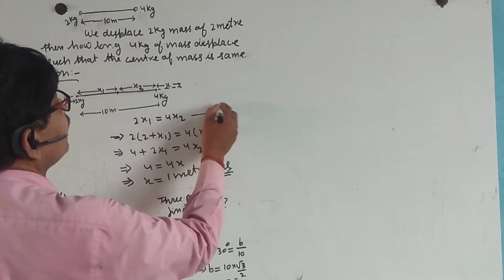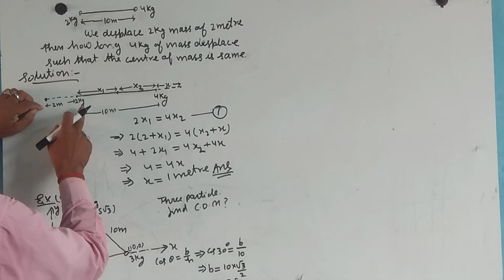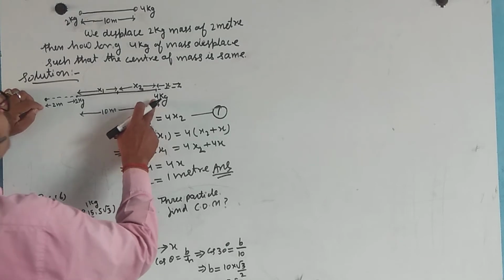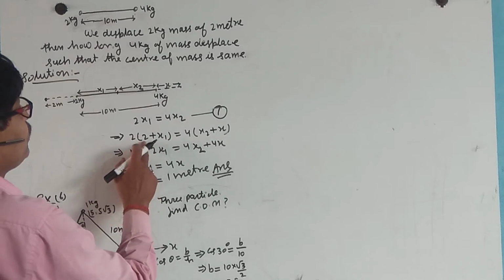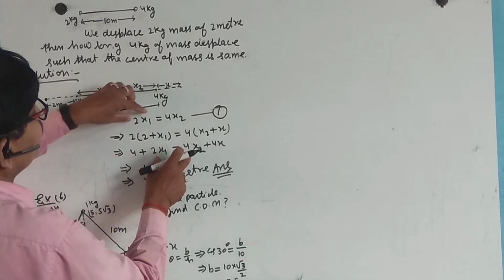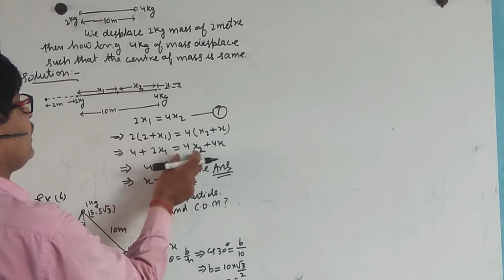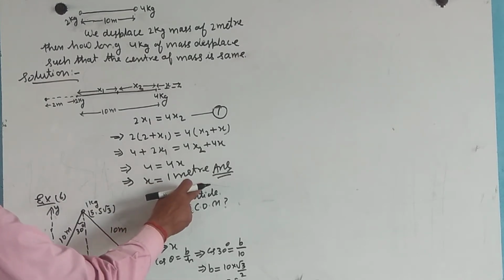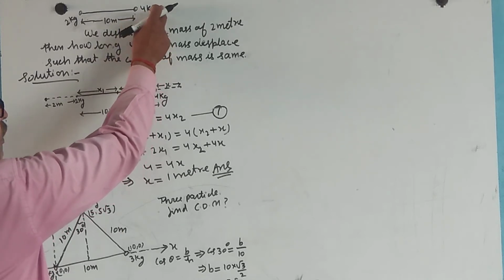This is relation 1, and we apply center of mass here: 2 into (x1 plus 2) equal to 4 into (x2 plus x). That gives 2x1 plus 4 equal to 4x2 plus 4x. In this case 2x1 equal to 4x2, so both are equal and cancel, so that 4 is equal to 4x, so x is equal to 1 meter. Then the 4 kg mass is displaced 1 meter.